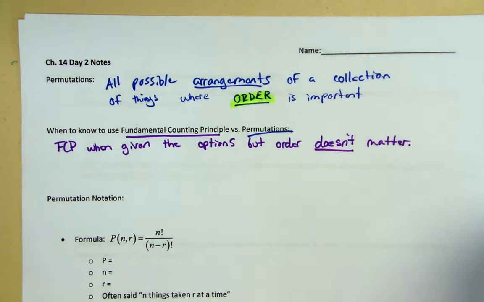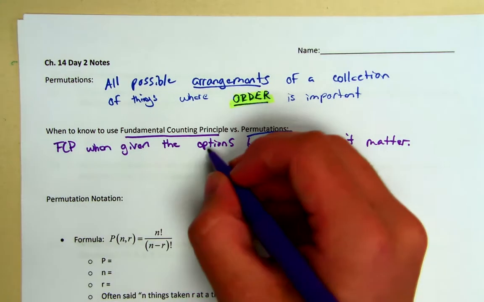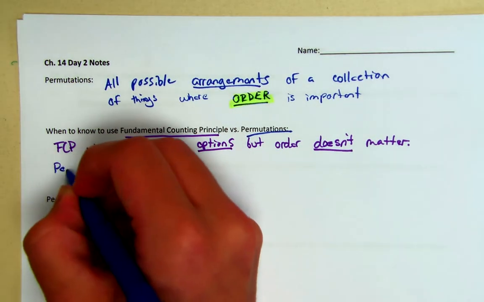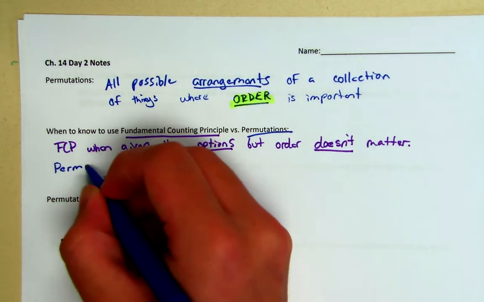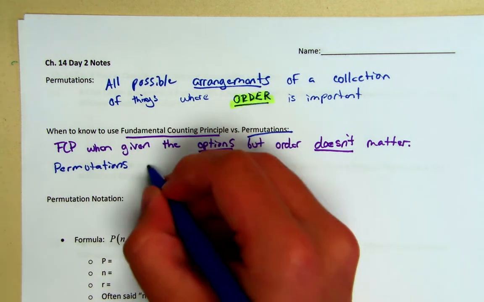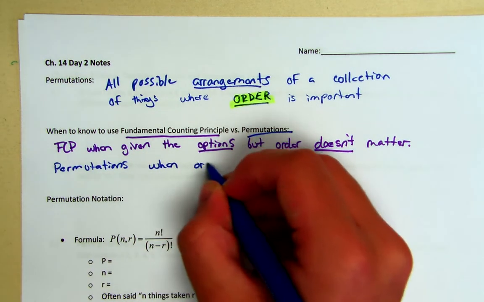So again, key: order doesn't matter. You're given multiple options. We use permutations when order matters.